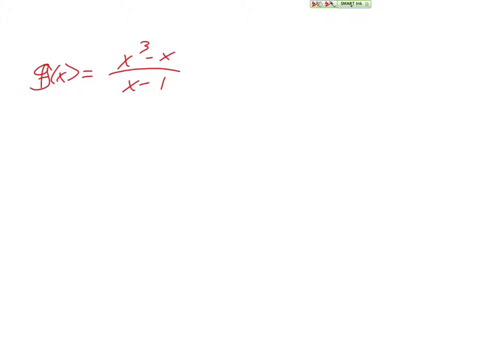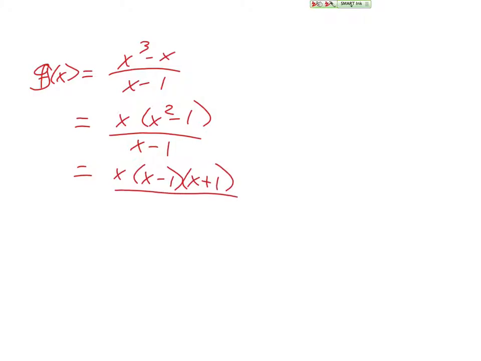What's the only thing that's going to be able to cancel? The x minus 1. So what can I do to factor the numerator? Take an x out, which makes it x squared minus 1. And then what do I do to the x squared minus 1? Factor it. Then we see we have something to cancel.